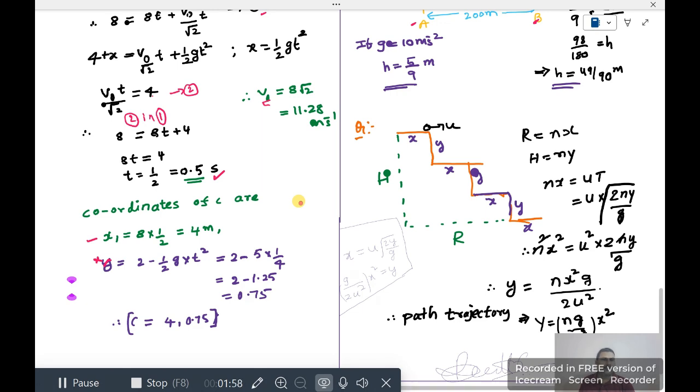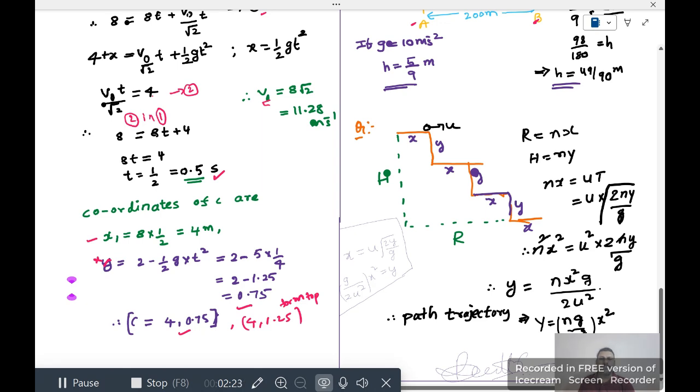So that is 2 minus, substituting these values, 5 into 1 by 4, that equals 0.75. These are the coordinates from the ground. So the coordinates from the top are 4, 1.25, from the top of the tower. And this is from the ground.